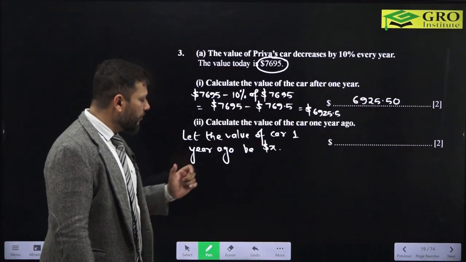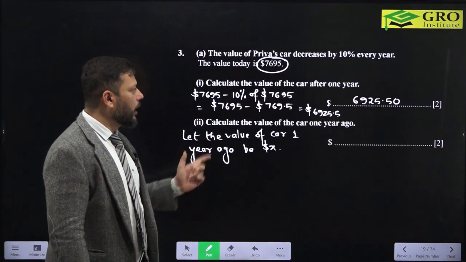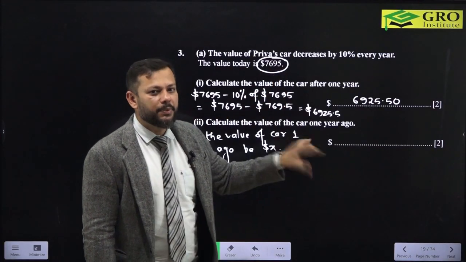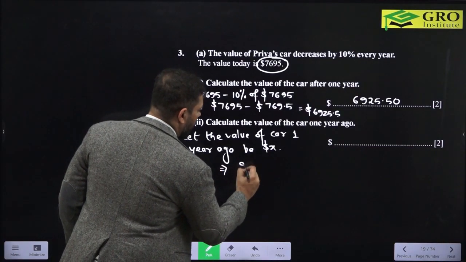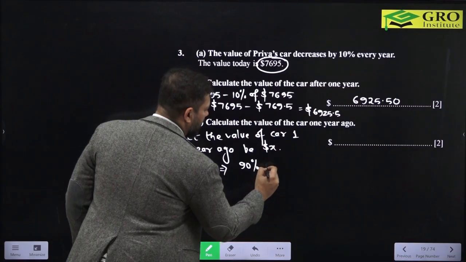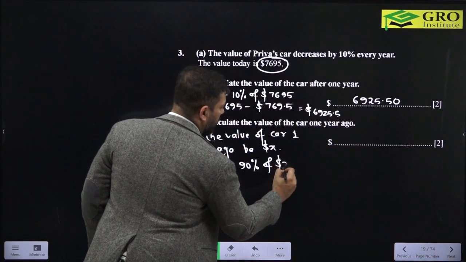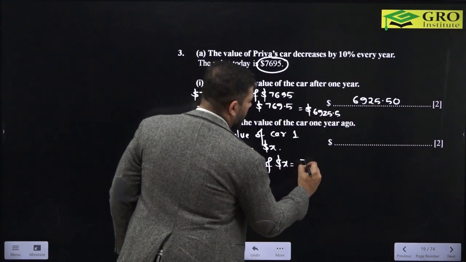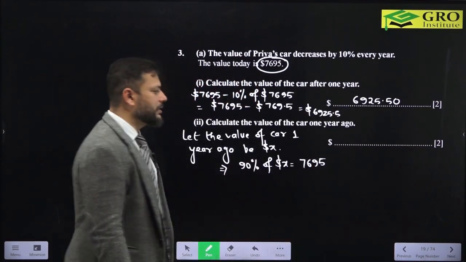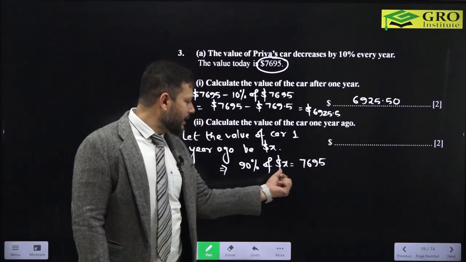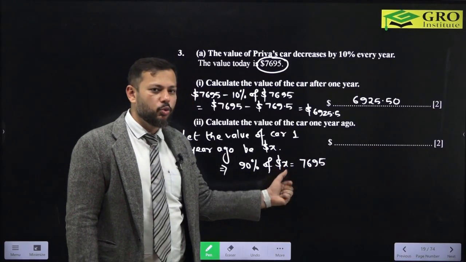Now what? If it's X dollars 1 year ago, this is the 90% of it. That means this implies that 90% of X dollars is equals to 7,695. Isn't it, guys? This is the 90% of the value 1 year ago.